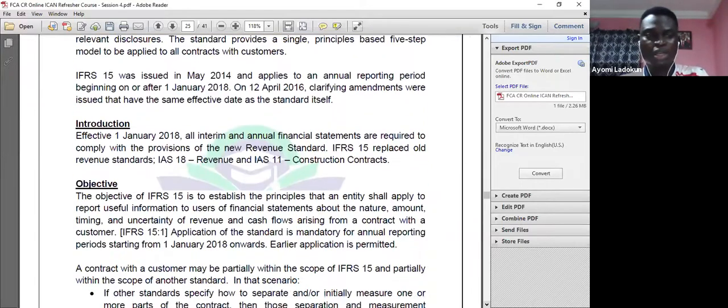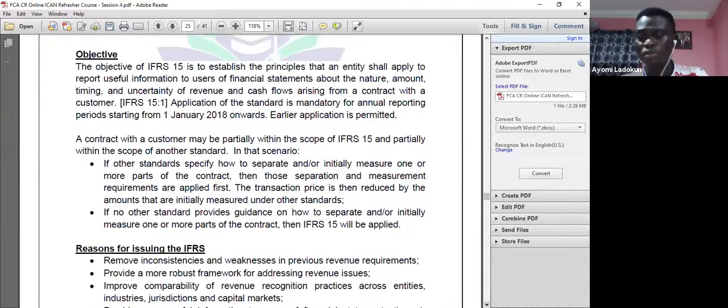Is that okay? And of course, the objective is to establish principles that an entity shall apply when they are reporting revenue, that is the nature, amount, or timing of revenue. There are so many uncertainties around revenue as well.